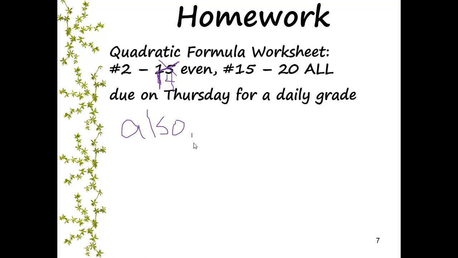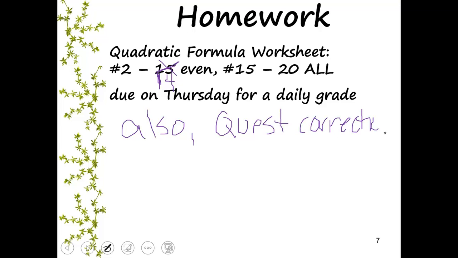Also, Quest corrections are due tomorrow, which means that you have to have a separate sheet of paper. You have to put the problem down. You have to show all your work.